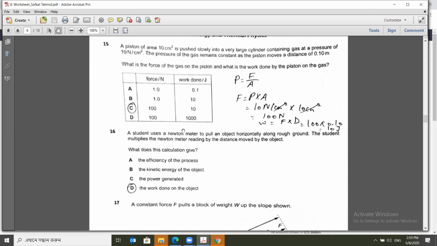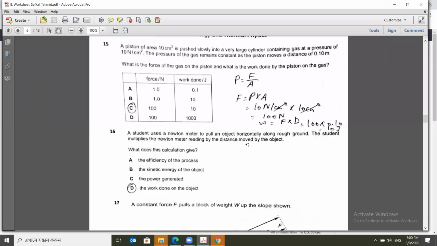And they are saying distance moved. So the Newton meter is giving you the force, and that is multiplied by the distance. So F into D, right? And you know that F into D is giving you the work done.